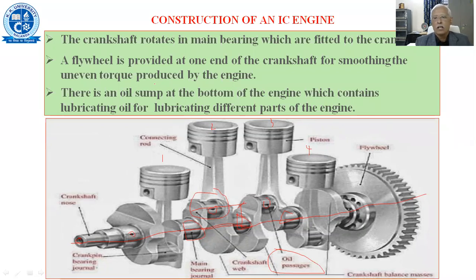In a 4-stroke engine, the power stroke occurs once in 180 degrees of rotation. So there is a big gap, not at 90 degrees or 45 degrees. Hence it needs a slightly larger flywheel because it has to rotate the crank for another 180 degrees of rotation.